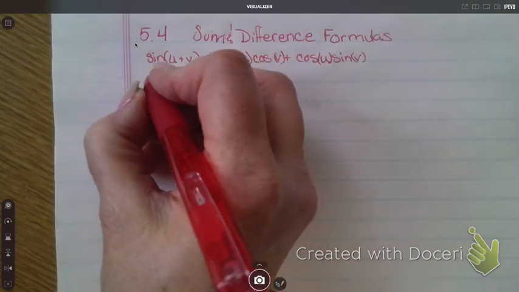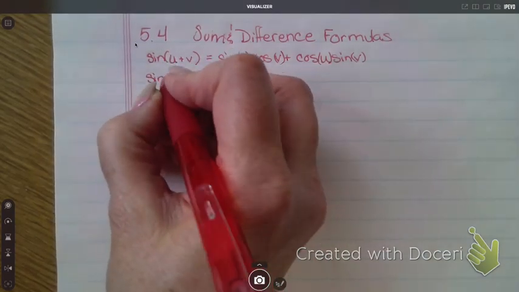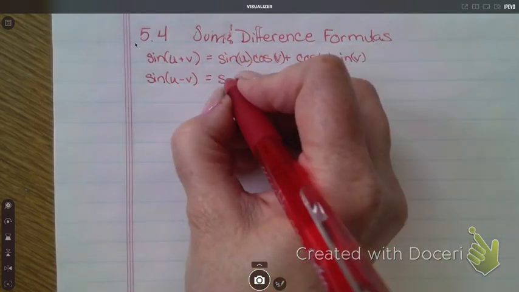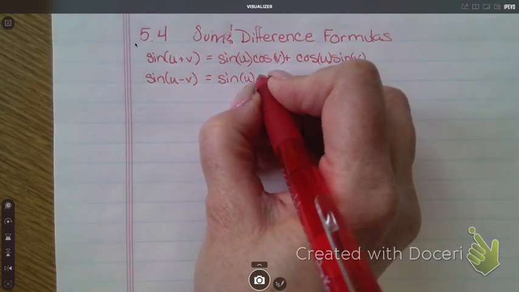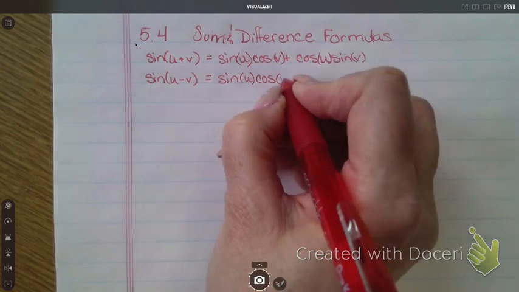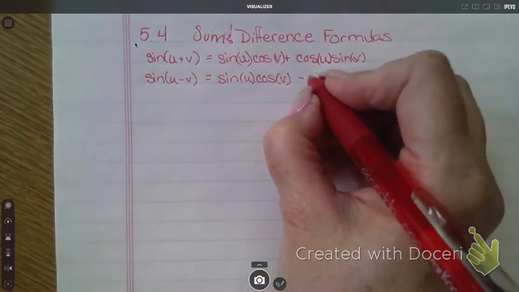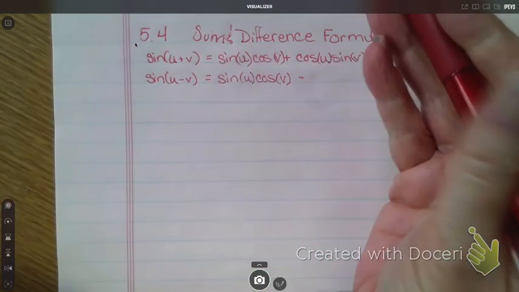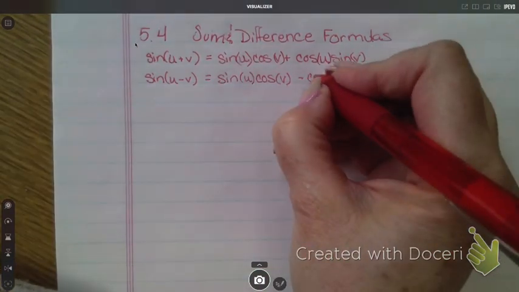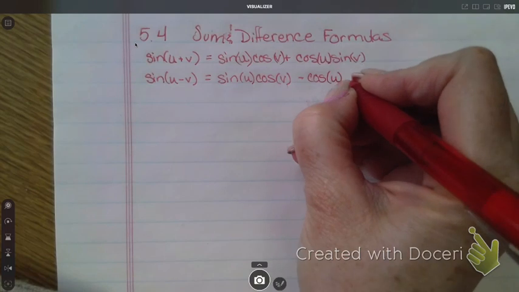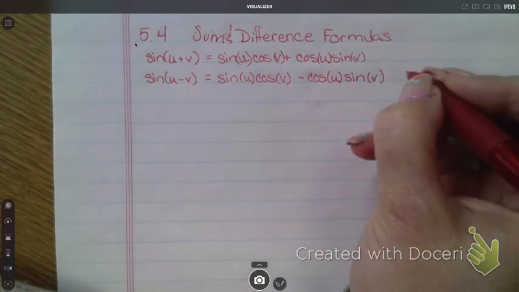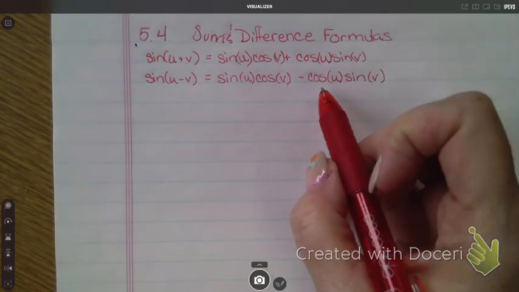Okay, the difference. Can anybody guess what the difference maybe is? The opposite. Okay, so it's the sine of u times the cosine of v minus the cosine of u sine of v. I personally write it sine cosine.